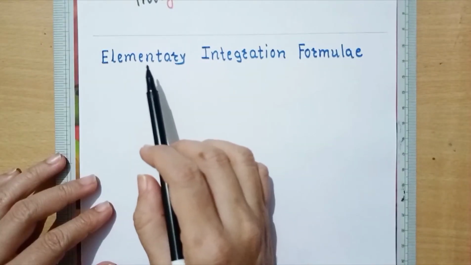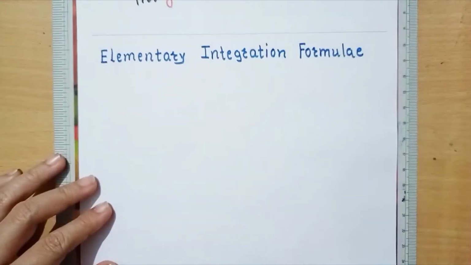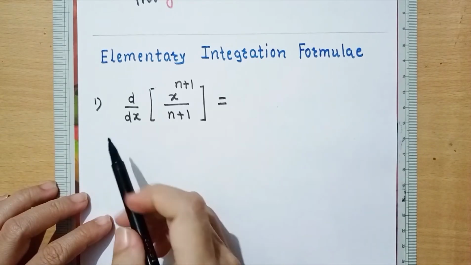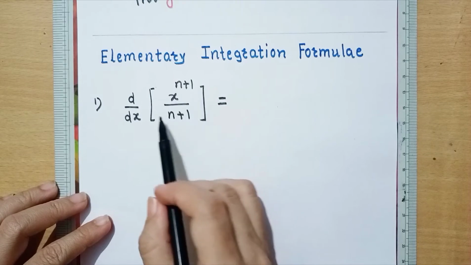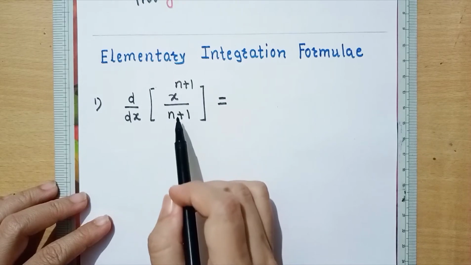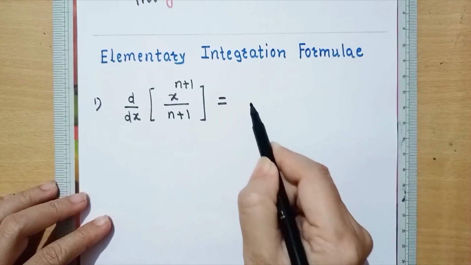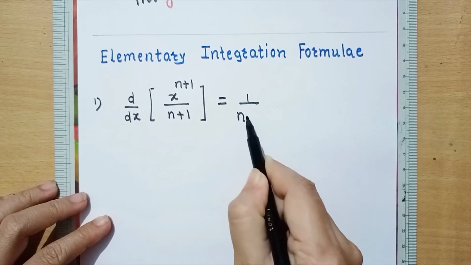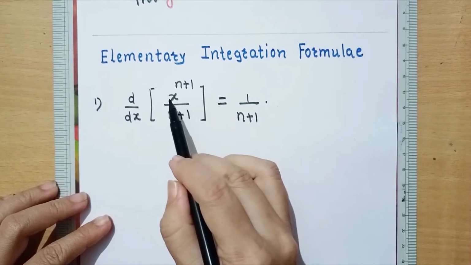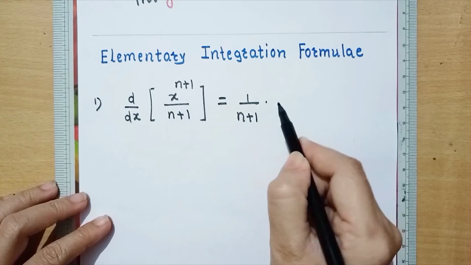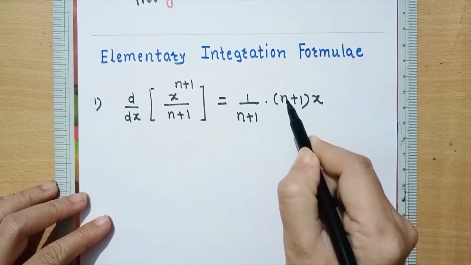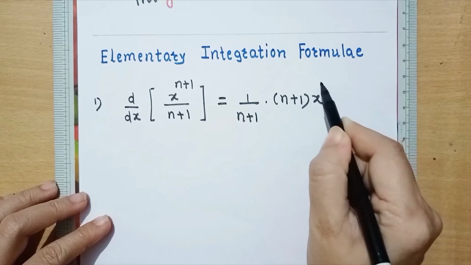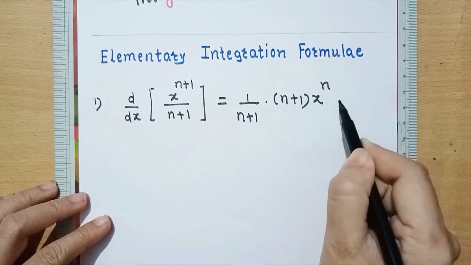Now let's check elementary integration formulae. First one, d by dx of x raised to n plus 1 upon n plus 1. Now this 1 upon n plus 1 is constant, so we will write it outside here. Now derivative of x raised to n plus 1 is, write down n plus 1 here, x raised to, and subtract 1 from this, so we have only n.